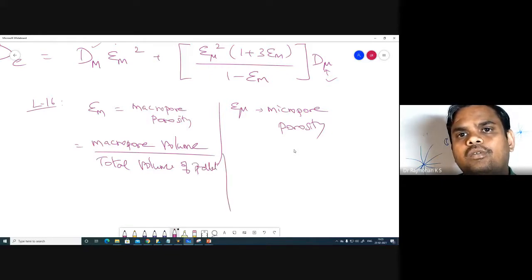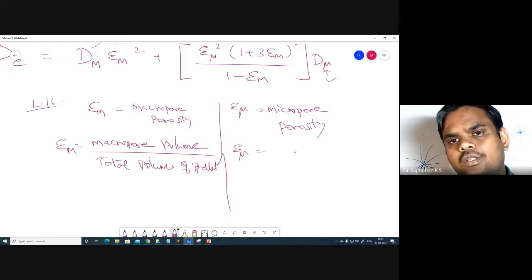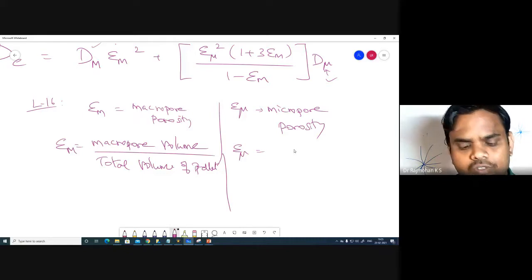Also, we have written the given data. Similarly, you write porosity of micropore is equal to micropore volume per unit mass, which is given, multiplied by the total mass of the pellet.